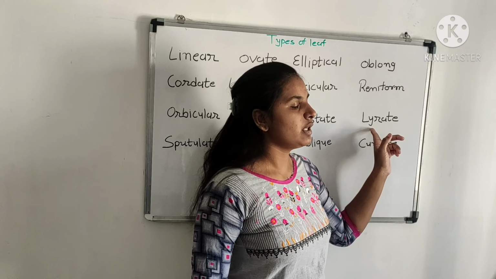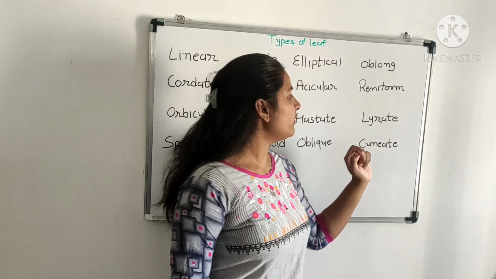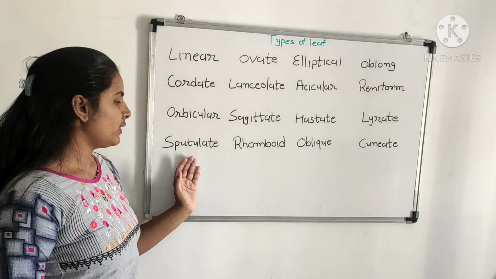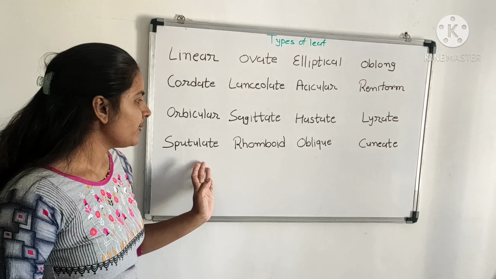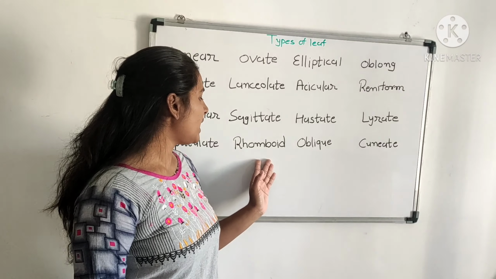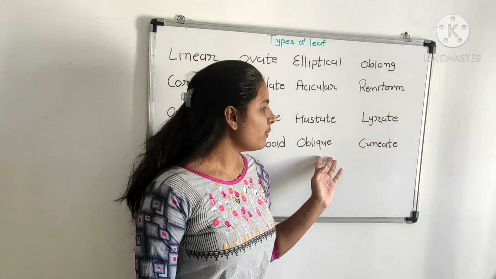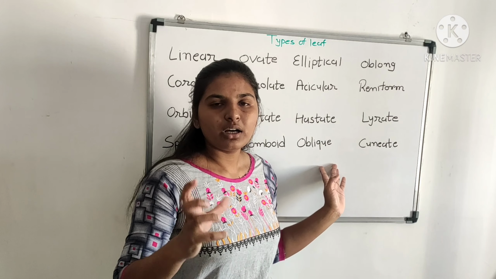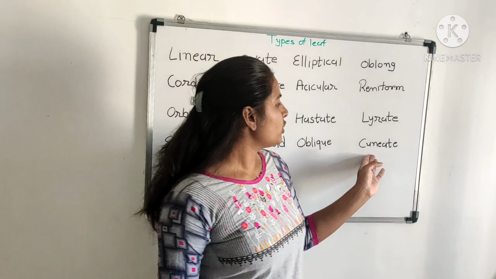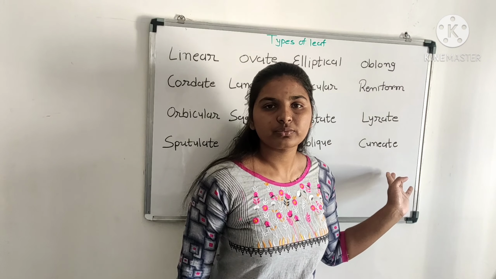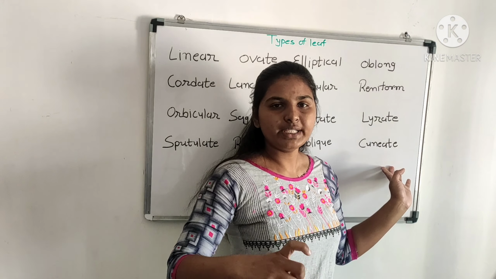In lyrate leaf, we have a lyre-shaped leaf. In spatulate leaf, we have a spoon-shaped leaf. In rhomboid leaves, we have a diamond type of leaf. In oblique leaf, we have an undivided, unequal type of leaf. In cuneate leaf, we have a wedge type of leaf.